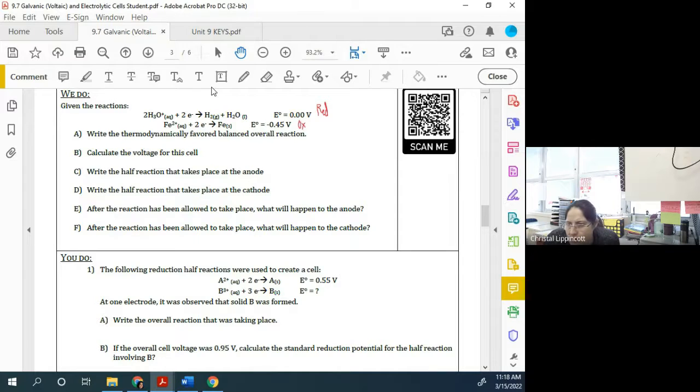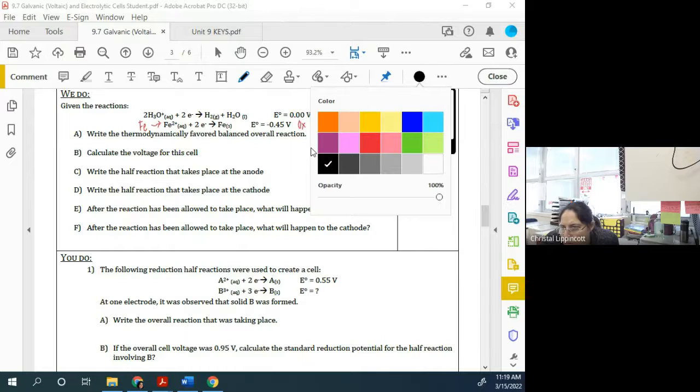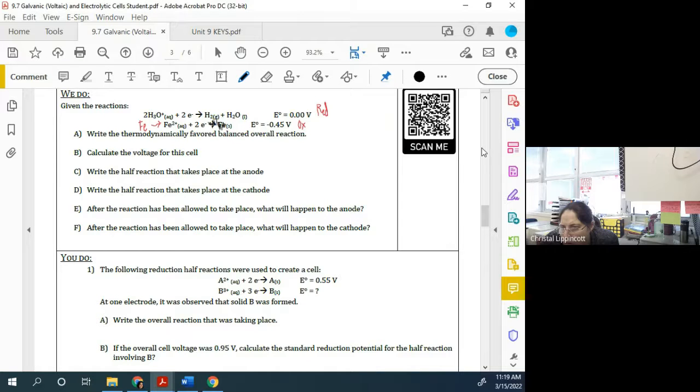So I need to flip this reaction around, so this is going to become Fe yields, and then I will get rid of this stuff. And then what do I need to do to this sign here? Yep, I need to make this positive now.